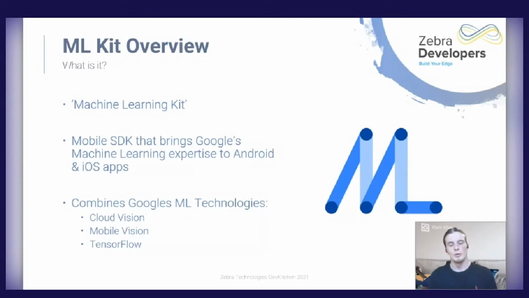And TensorFlow is a piece of software that you can use to create custom machine learning algorithms, or models, I should say, for your specific use cases. So it combines all three of those things and puts them all into one SDK. So the Cloud Vision and Mobile Vision APIs are now incorporated into MLKit, and you can leverage TensorFlow custom models in order to perform your character recognition, or whatever it is that you want to recognize in your use case.